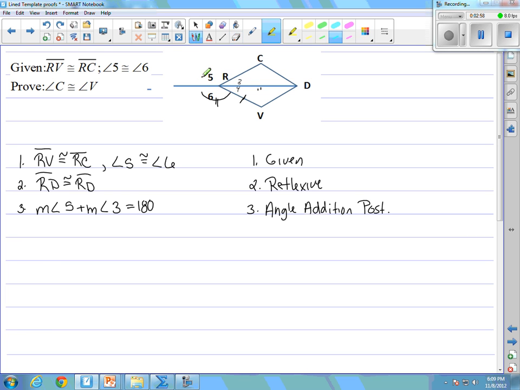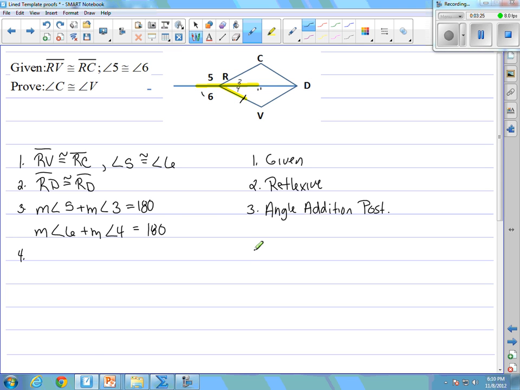We could say a similar statement about angles 6 and 4. They form that straight line. Okay, so their sum is going to be 180 as well. So I'll say the measure of angle 6 plus the measure of angle 4 is equal to 180 degrees. Okay, and I'll just leave that as statement number 3. Put those two things together because they have the same reason.